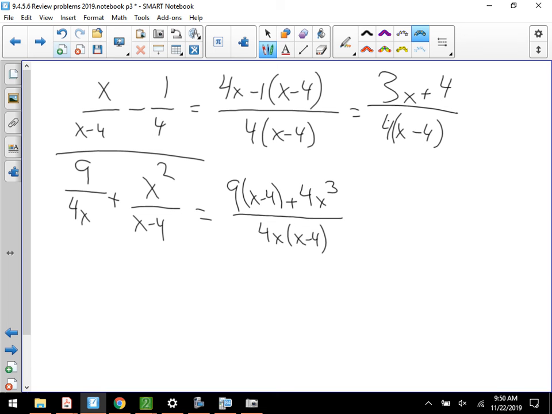Simplify that secondary numerator, we get 4x cubed plus 9x minus 36 all over the 4x. And then same change, flip.